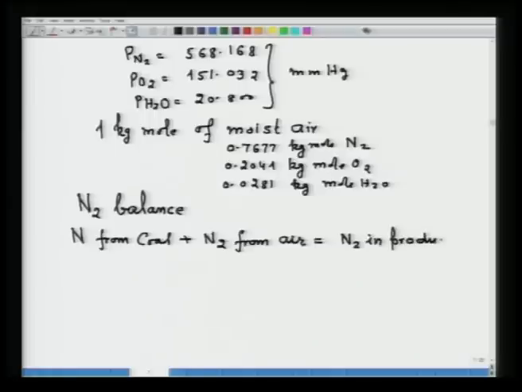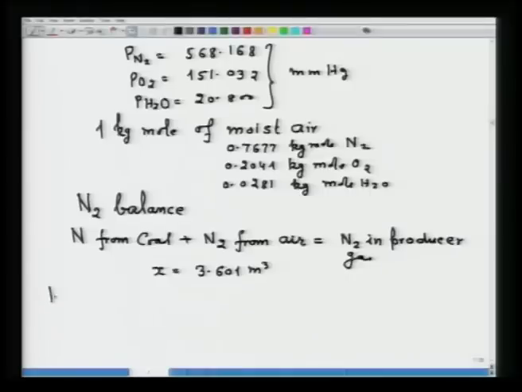You can do this balance and the value of x that we assumed is equal to 3.601 meter cube at the temperature of 25 degrees Celsius and 740 millimeter mercury.